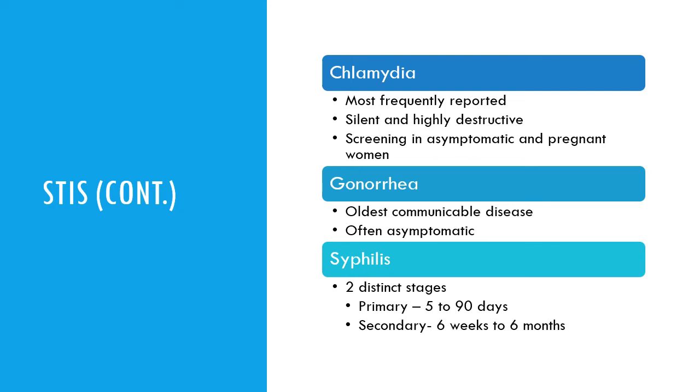Transplacental transmission may occur, which means that this baby could have syphilis. Maternal effects include a risk for miscarriage and preterm labor. And fetal effects include growth restriction, possibly the congenital infection, or stillbirth.